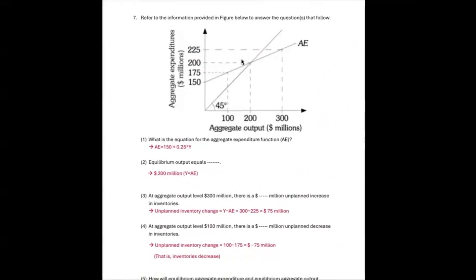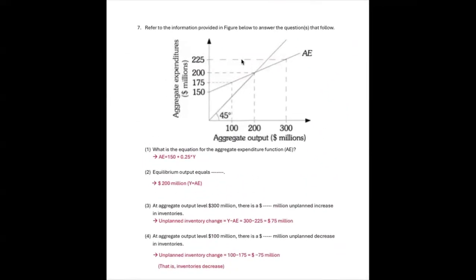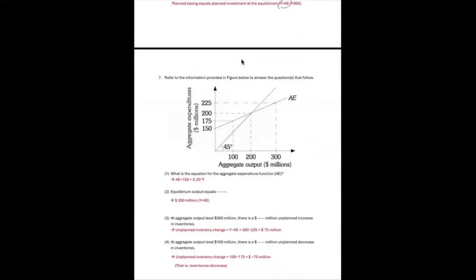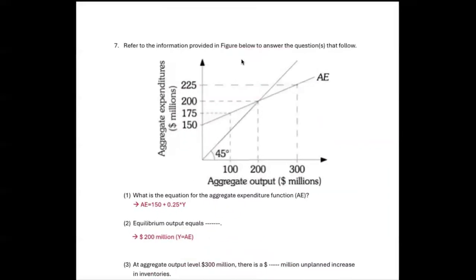So for this question, I will leave it to yourself because as you can see, this is pretty similar to our previous question 4, right? But there's another thing that you need to focus on.